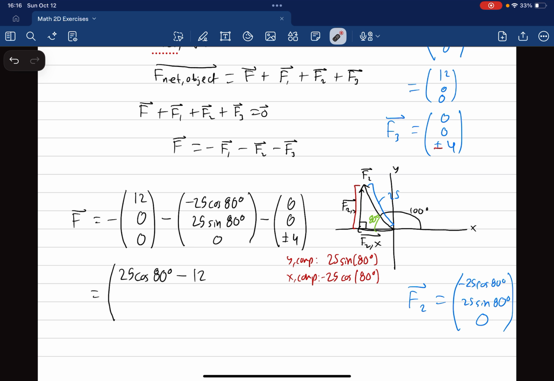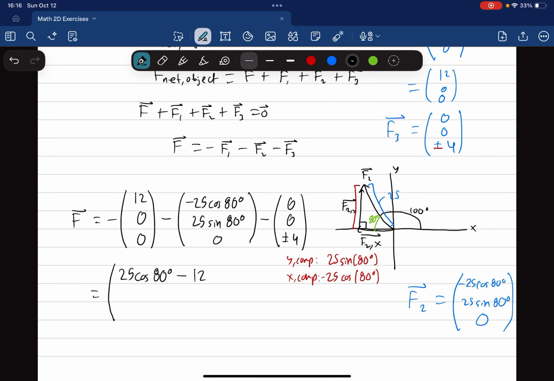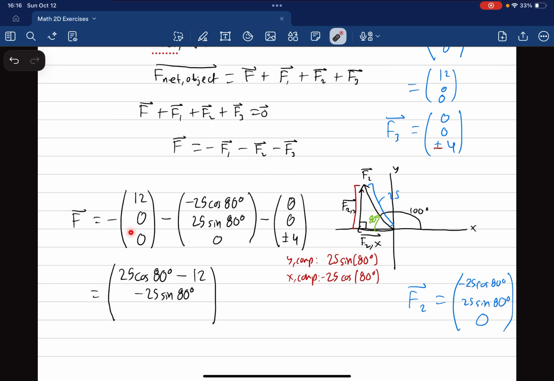And then we subtract 0, which is just 0, so nothing to worry about there. The y component will be just negative 25 sine 80 degrees, because here we have 0, here we have 0.